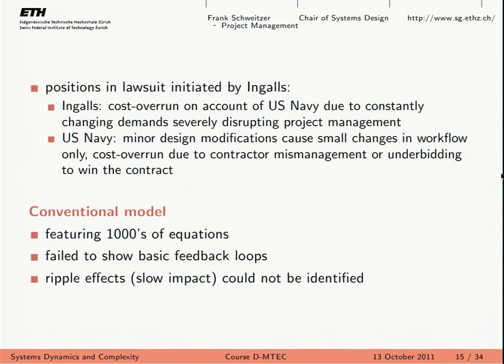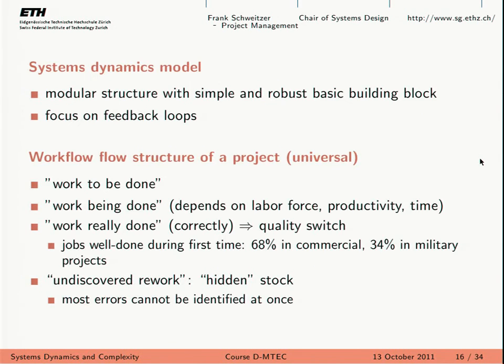Basically, there's this conventional model. The way that the shipbuilding company was estimating the effect of these small changes and all this kind of stuff was done without taking into consideration any feedback loops, any propagating or rippling effects from a small change. And this consulting company developed a system dynamics model. It's here.